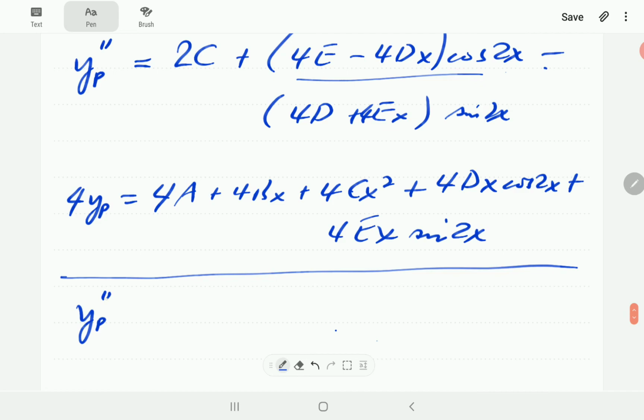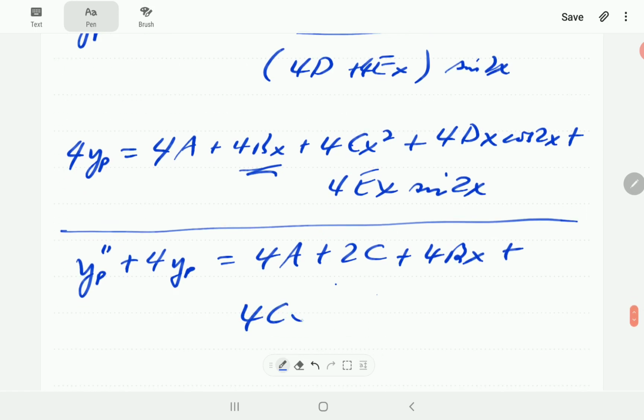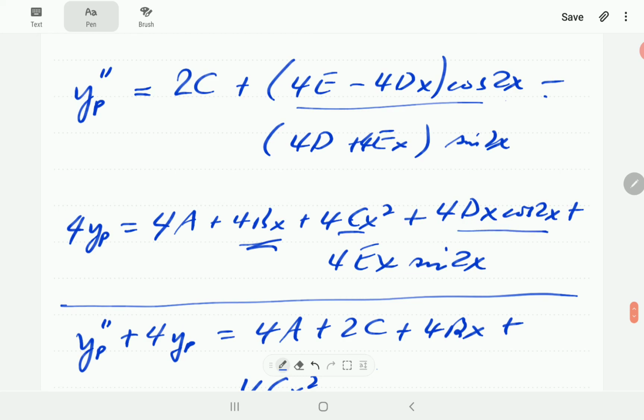Right. Then we need to add these two. So yp double prime plus 4yp is going to be 4a plus 2c. So that's just this term and this term. Then it's going to be 4bx, which is this term. Then we're going to have 4cx squared, which is this term. Then let's start with the cosine terms. We've got 4dx here, cosine 2x, and we have got the negative of the same there.